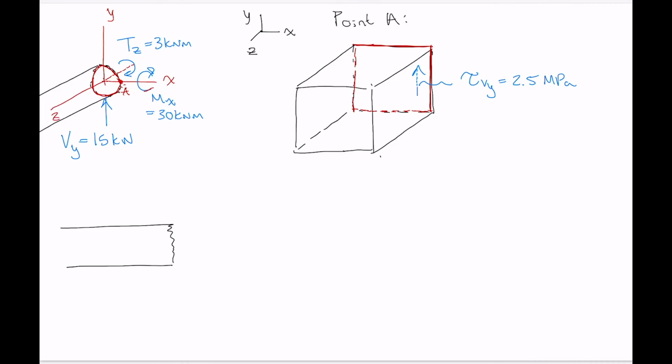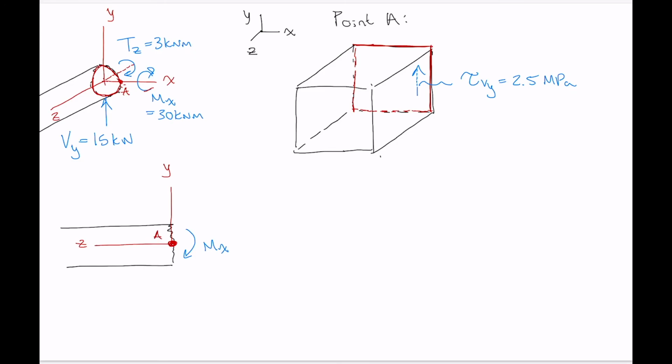So here, what I'm doing is I'm drawing our section so that our y-axis is pointing up like this and our z-axis is pointing back like that. So I'm looking down the x-axis, and if I do that, our internal moment Mx is acting about the cross section in that direction. And point A is located right here on the x-axis.